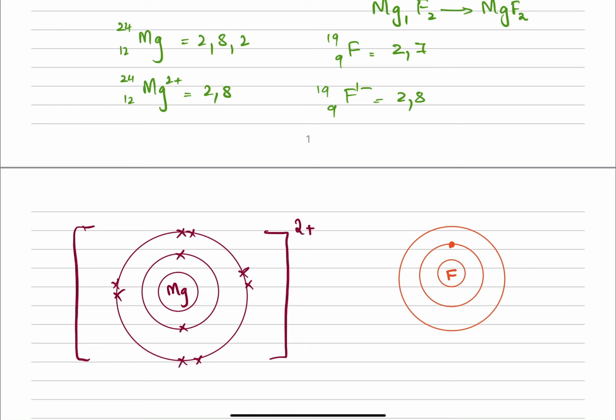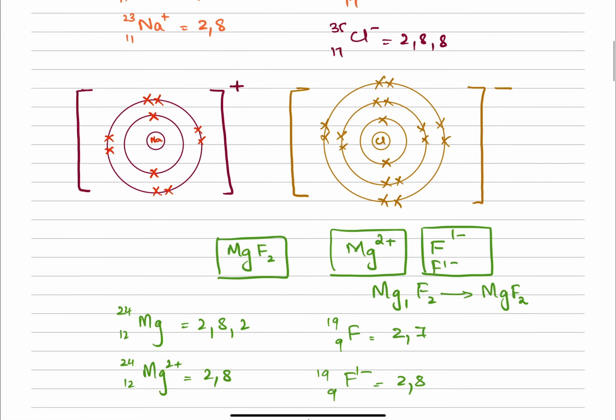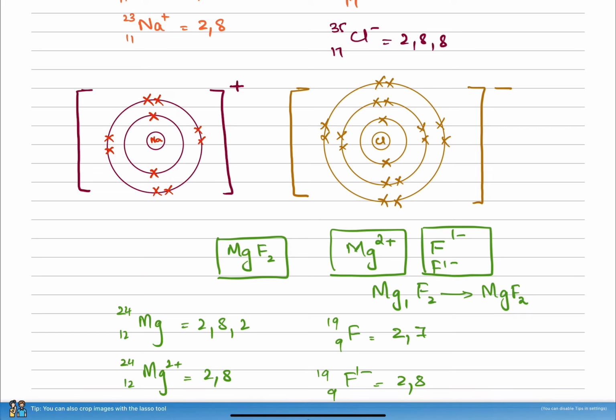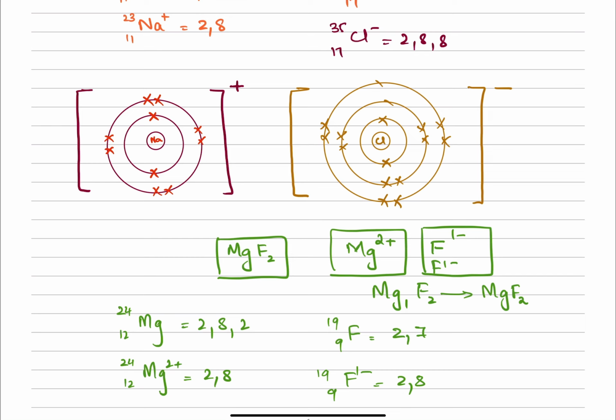So 1, 2, 3, 4, 5, 6, 7, 8. And the 1 electron of fluorine is coming from magnesium, so it's going to be a cross here. I think I made the same mistake upwards as well. Let me make dots. Just let me make this again. Sorry.